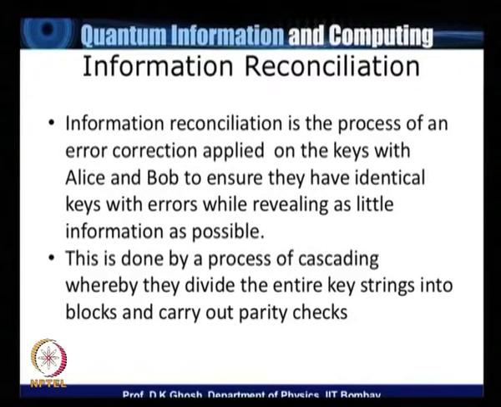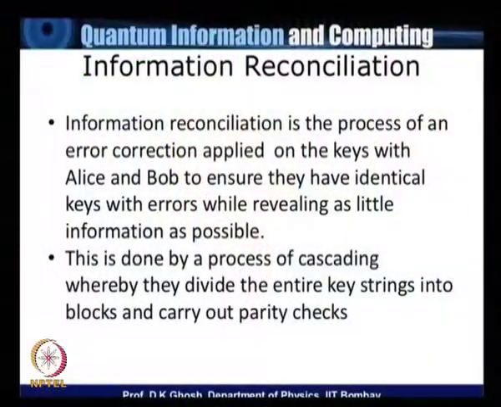Information reconciliation is actually a process of error correction applied on the keys with Alice and Bob to ensure that they have identical keys. Now, when you do that, they will of necessity be revealing a little more information.